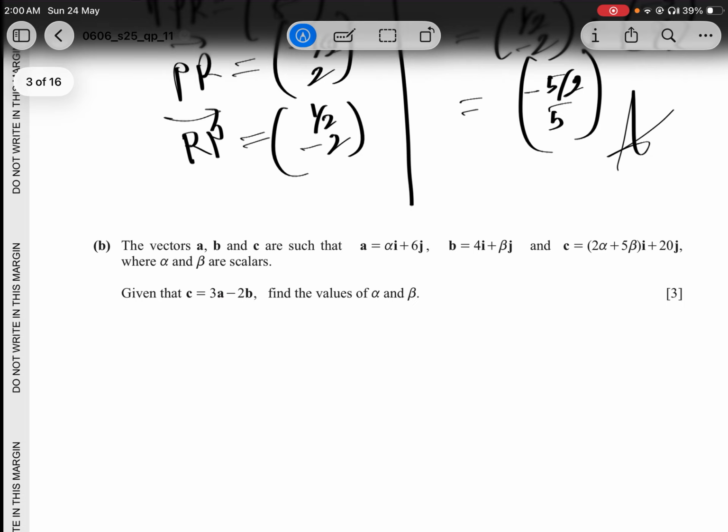Now the second question is given: A, B, C are vectors. A is given, B is given, C is also given. If C is given as this, find the value of alpha and beta.